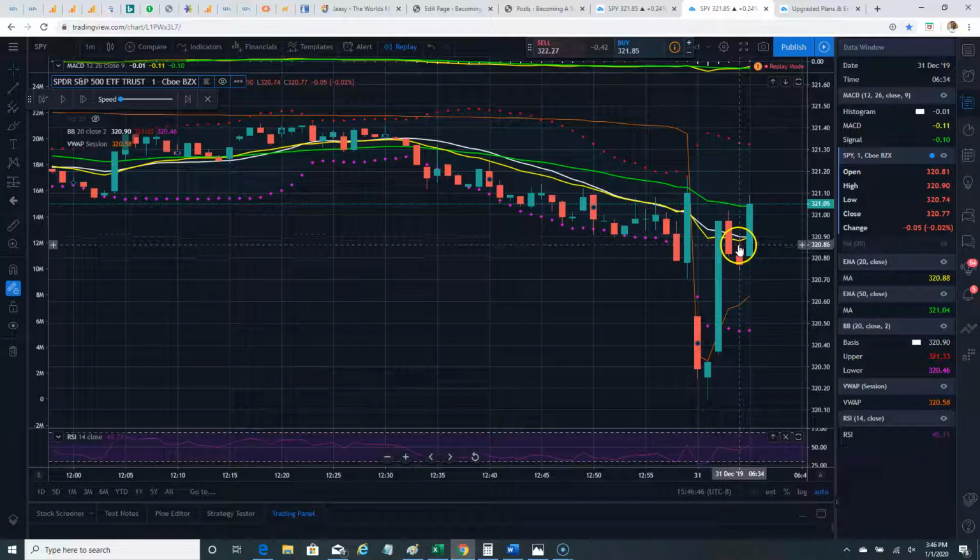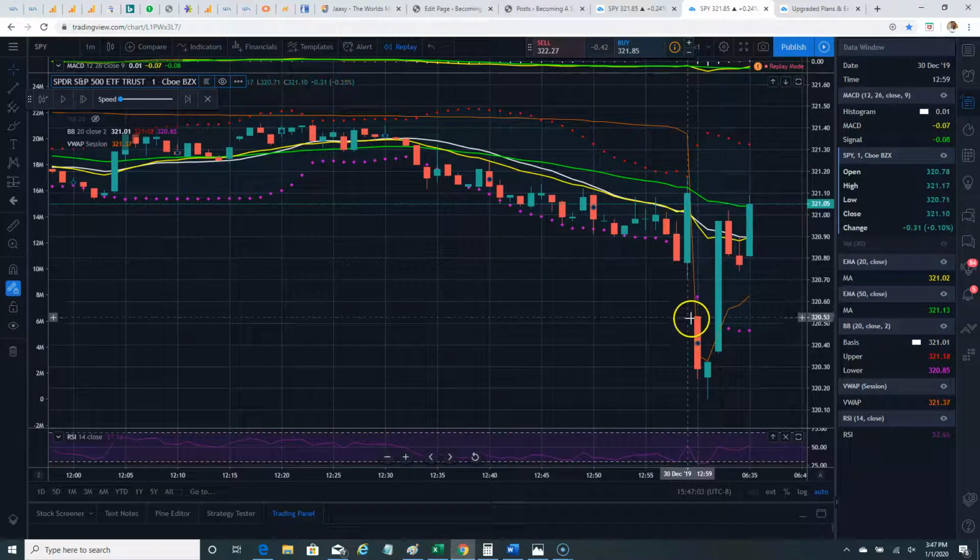Notice how this candle will hit these natural barriers, if you will, support and resistance. That's how I call them, natural support and resistance lines, because moving average 20 or 50 or even the VWAP are natural. They are things that computers and all traders know where they are at all times.